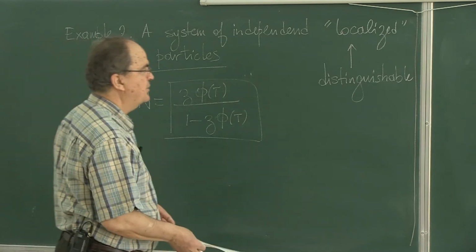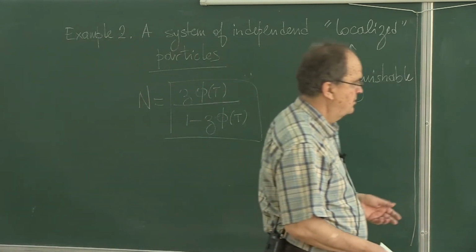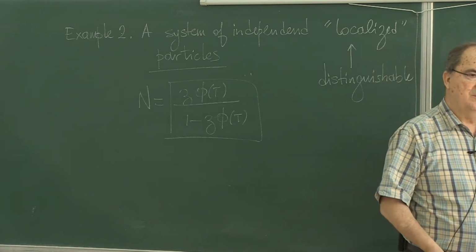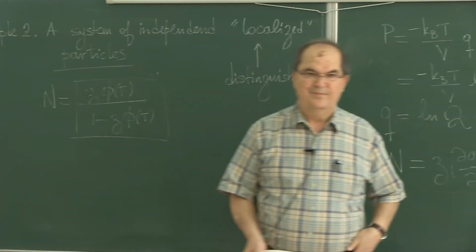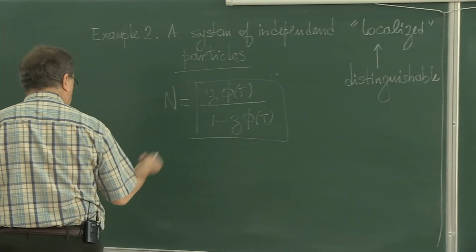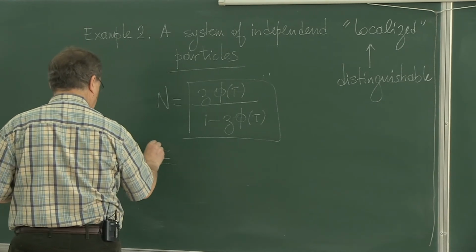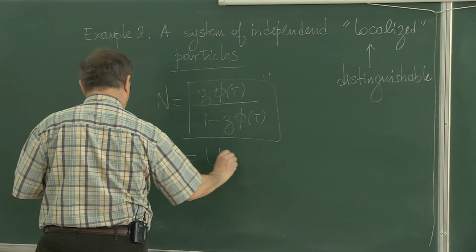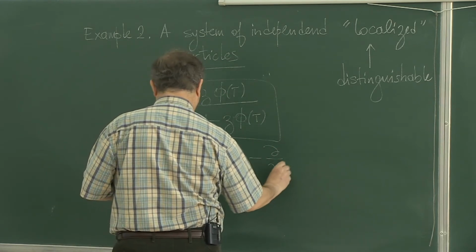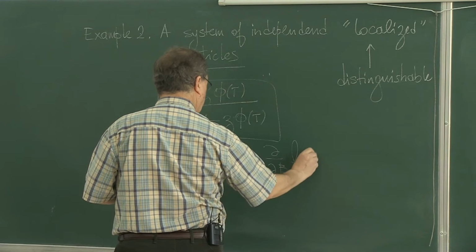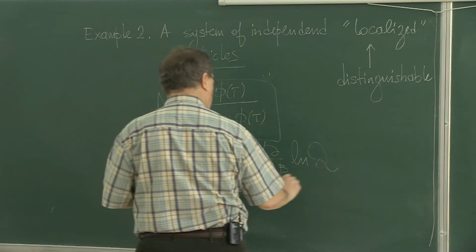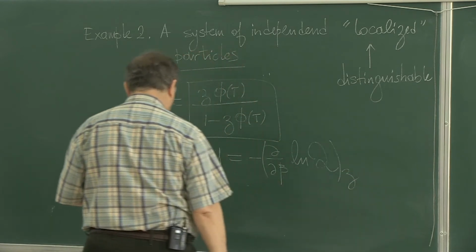Should I calculate pressure? It's nonsense because nothing depends on volume. You won't get anything. But I can calculate energy, minus del beta of ln of q, keeping z constant.